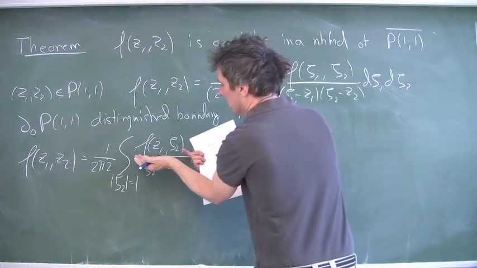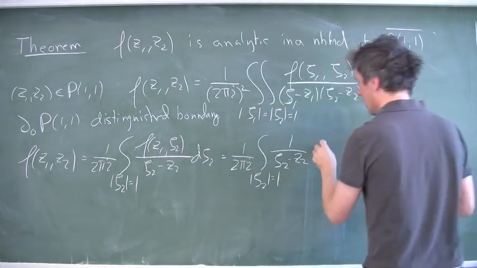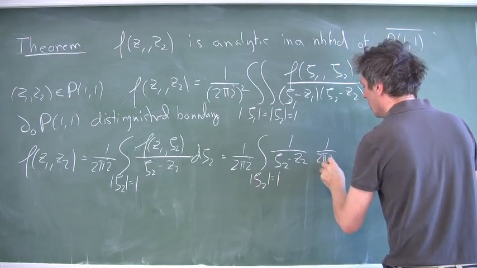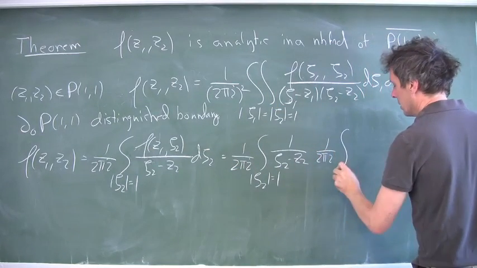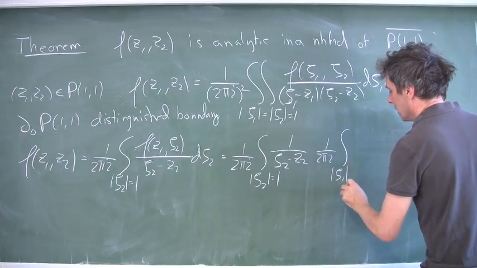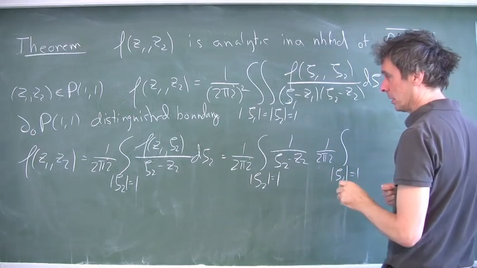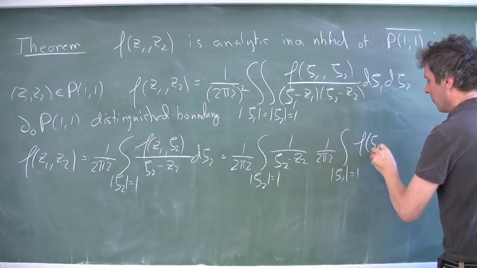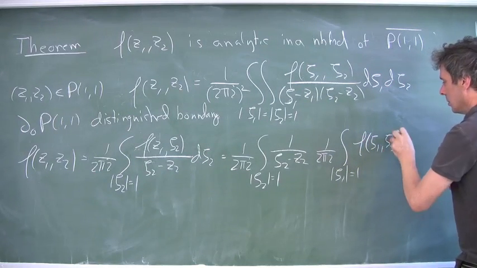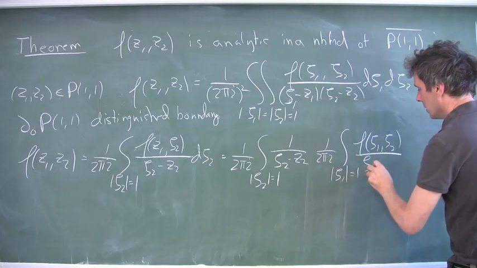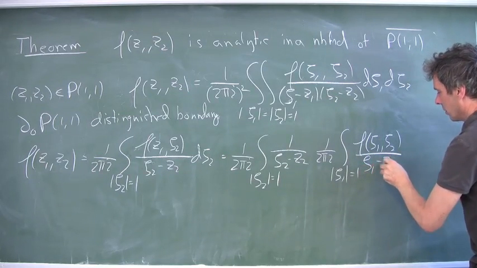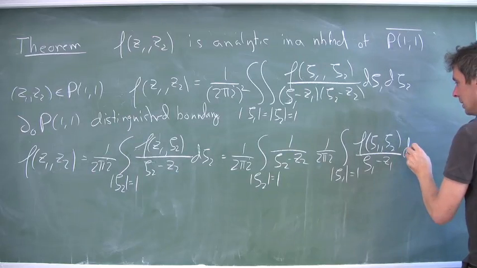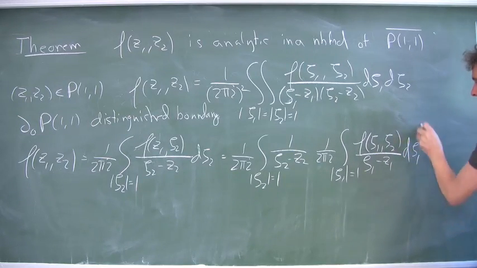And then now we have just this factor, which I rewrite in terms of the ordinary Cauchy integral formula as the integral over absolute value of zeta 1 equal to 1 of f of zeta 1, zeta 2 divided by zeta 1 minus z1 and d zeta 1.